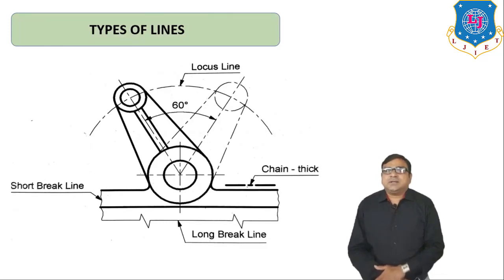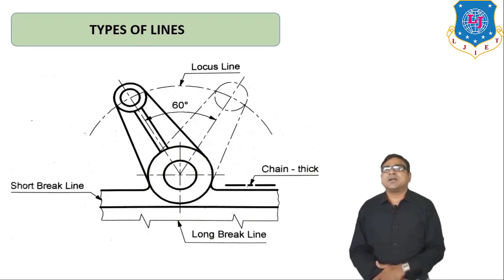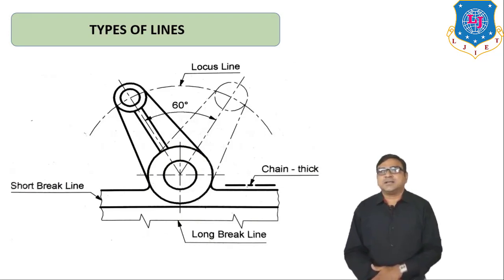Now when any object is moving, like a handle, the center of the concentric circles moves in a particular arc or constant radius arc. That path of that particular center is represented by locus line. It is always chain line.